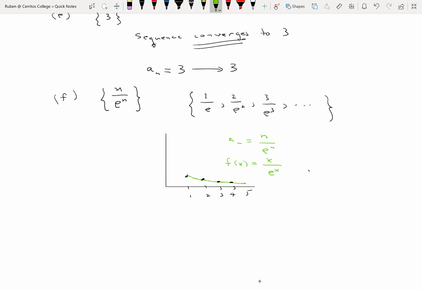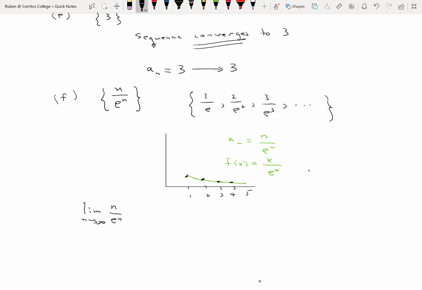Okay, so here's how we handle this. I want to evaluate the limit as n approaches infinity of n over e to the n. The value of that limit is the value of the convergent sequence if it converges, or tells us that the sequence diverges if that limit doesn't exist.